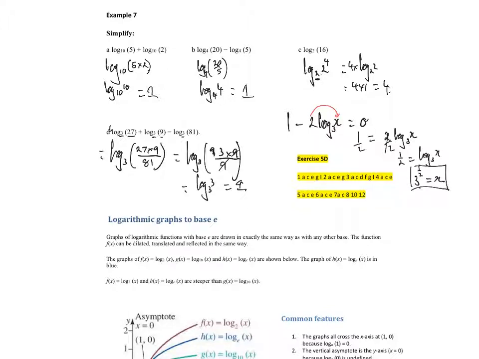Or if I want to come up here, and I'll just change the color, 1 is equal to 2 log base 3 of x. Bring the 2 to the power. 1 is equal to log base 3 of x squared. So I've got to bring it in there. Then I can do my base. 3 to the 1 is equal to x squared. x is equal to the square root of 3.